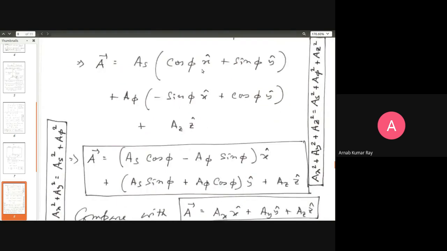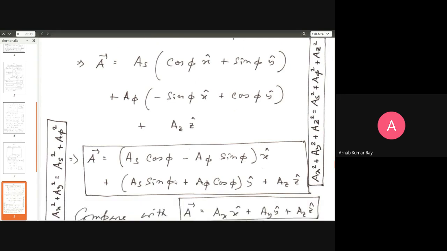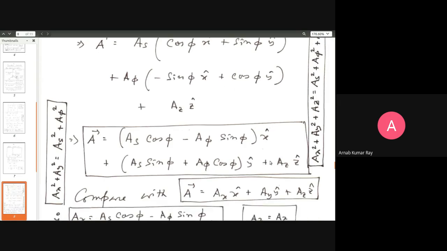Next task is for us to gather all common terms with the X cap unit vector and the Y cap unit vector. As you can see in this formula, it is as cos phi minus a phi sin phi times x cap. In this formula, it is as sin phi plus a phi cos phi times y cap plus az z cap.